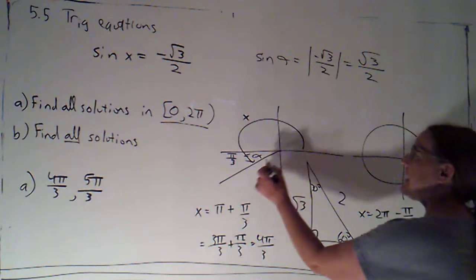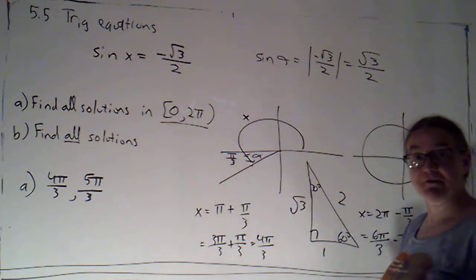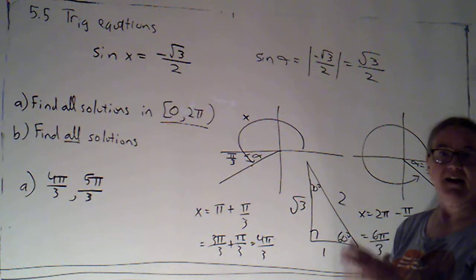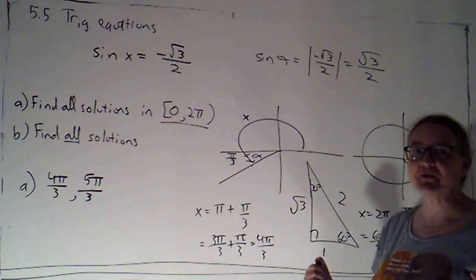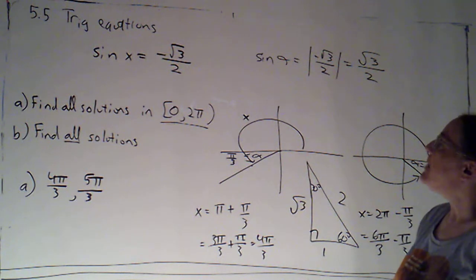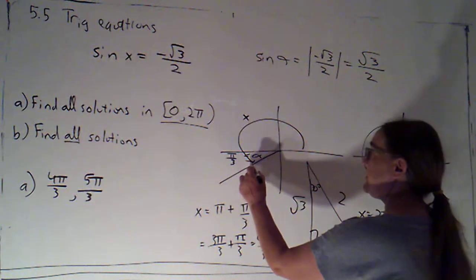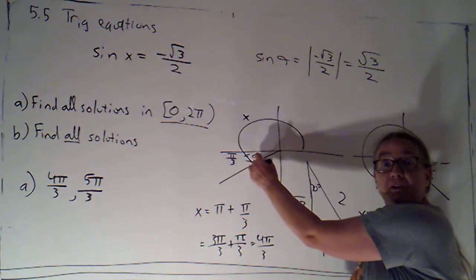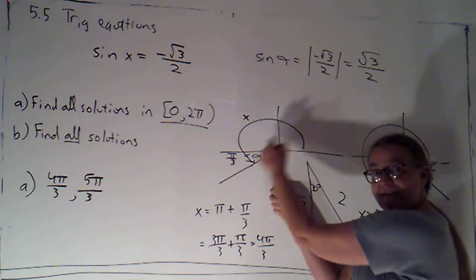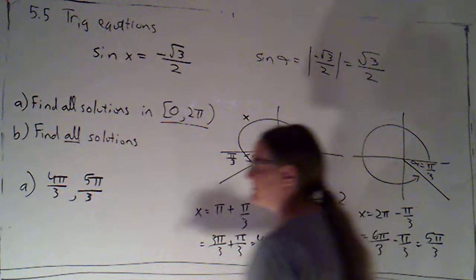So, if at this angle I'm at a sine of negative root 3 over 2, if I add a multiple of the period, I'm going to be at another place where sine is negative root 3 over 2. Because the period of sine is 2 pi, adding a multiple of a period actually just takes me to a coterminal angle. It would bring me to a different angle, but that would have this same terminal ray and therefore would intersect the unit circle 2 times.